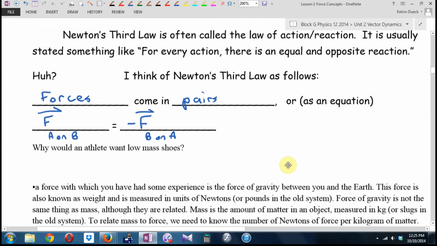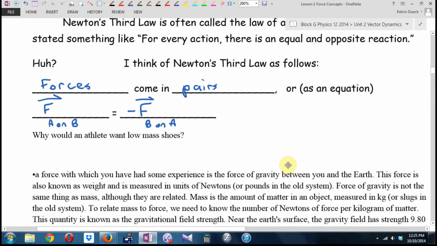Why would an athlete want low mass shoes? a equals F over m. So let's look at Usain Bolt.